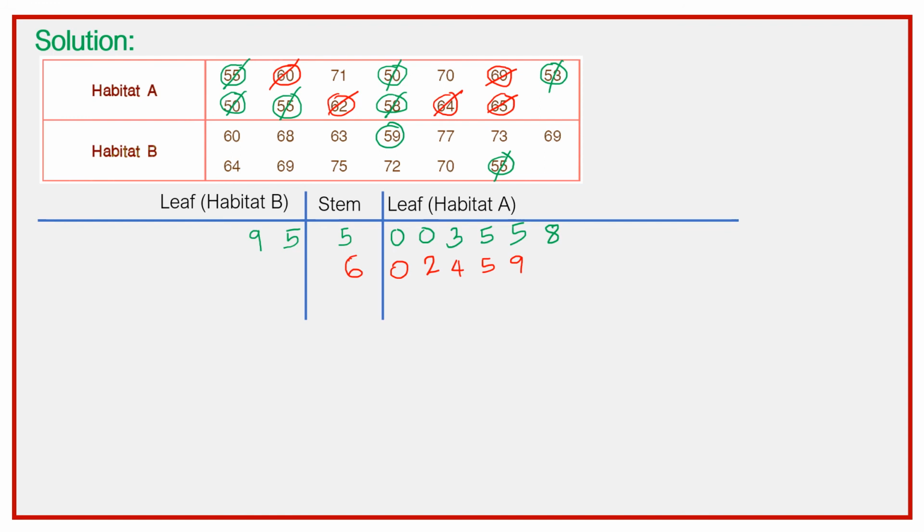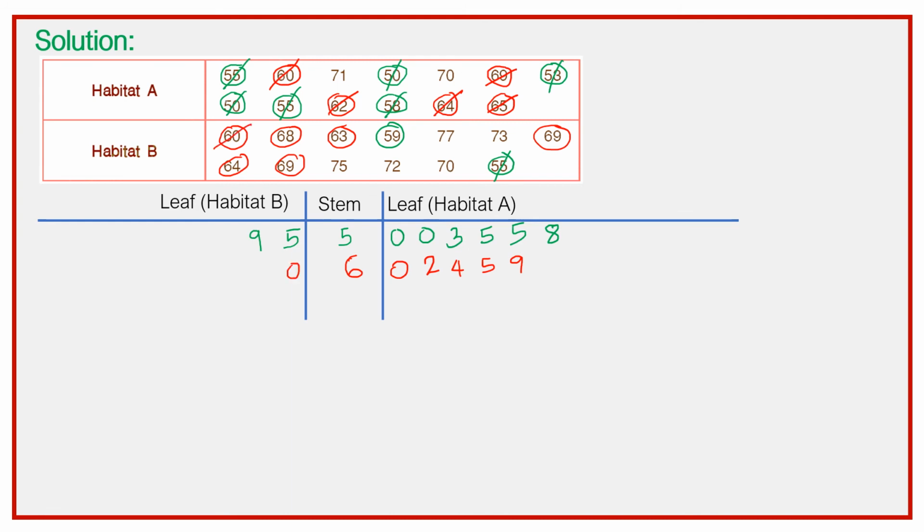We move on to habitat B. We have 60, 68, 64, 69, 63, and 69. So we write 0 for 60.